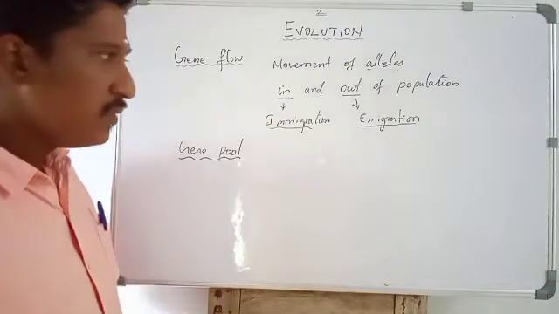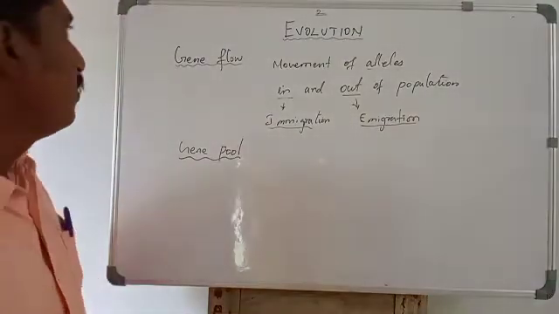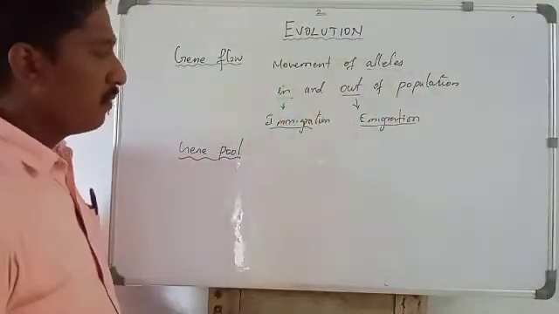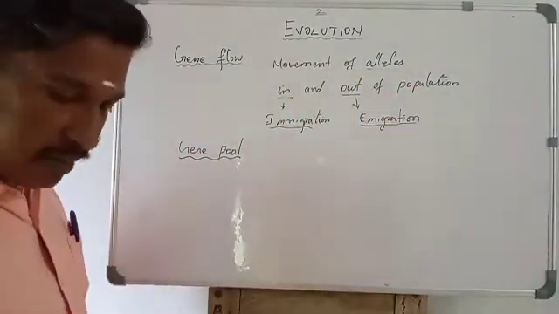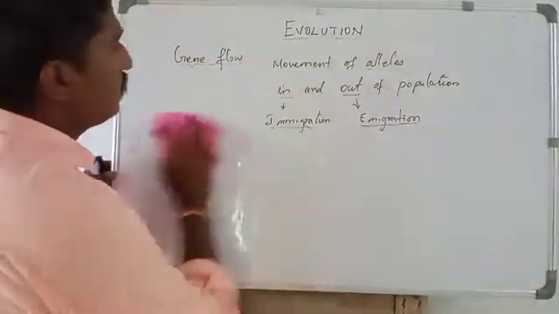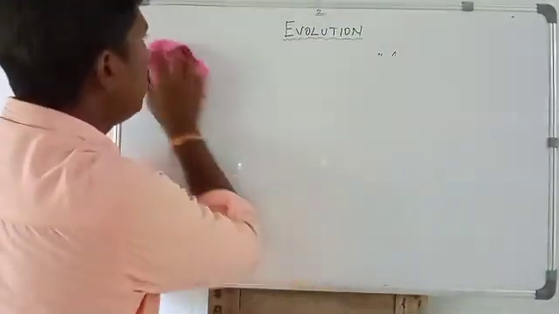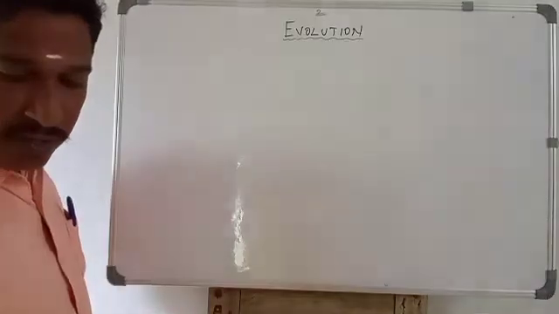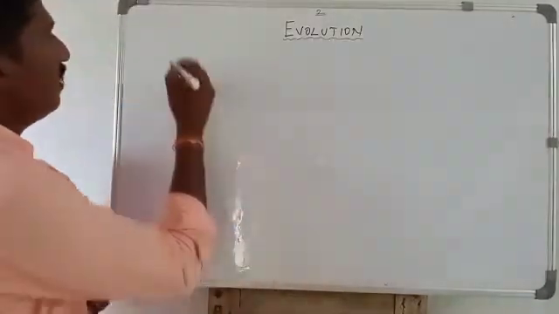So gene flow means movement of alleles, and next, genetic drift. Genetic drift is also called the Sewall Wright effect.